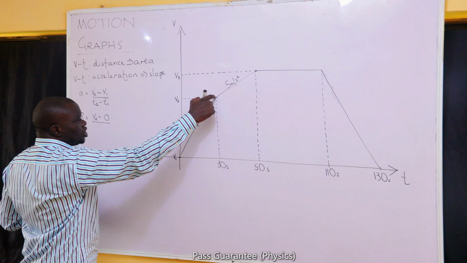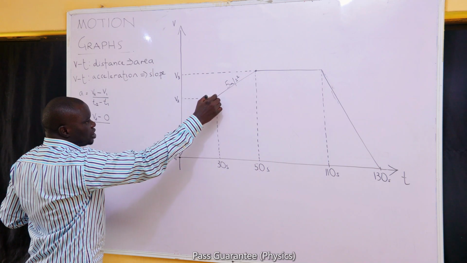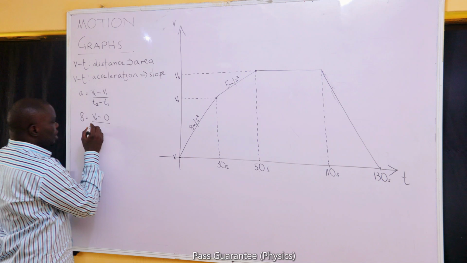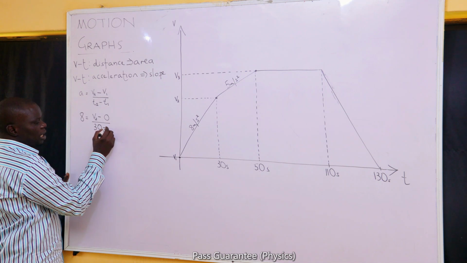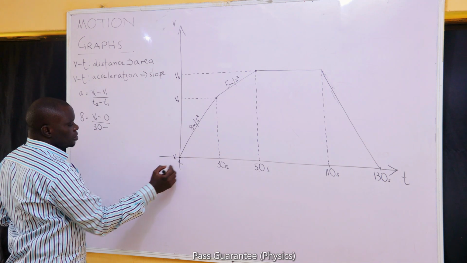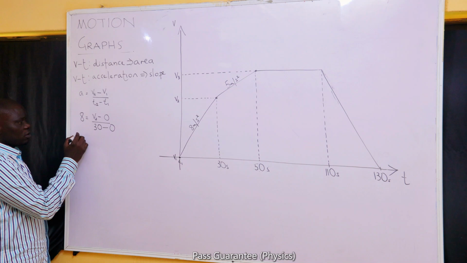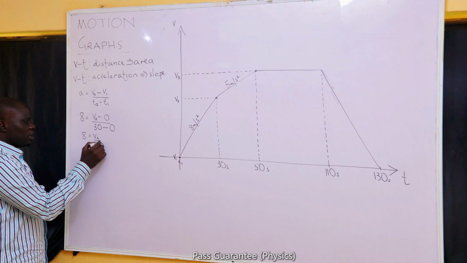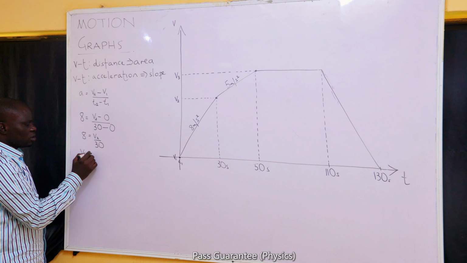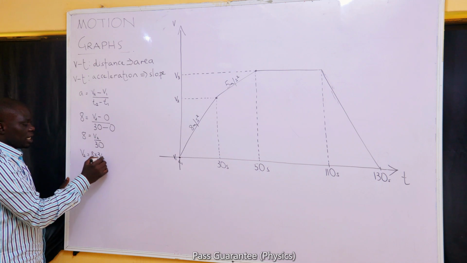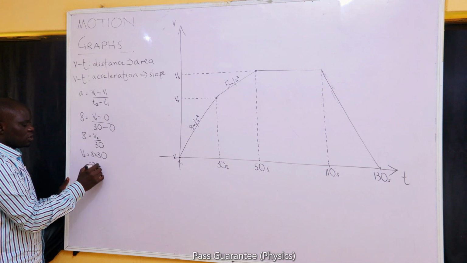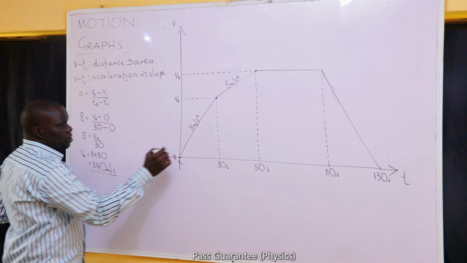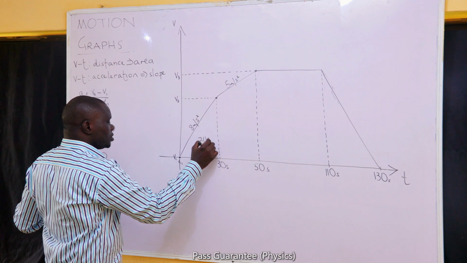This is my point 2, because this is the point that gave me V2, and it will also give me T2. My T2 is 30, minus my T1, which is 0. So 8 is equal to V2 over 30. My V2 clearly becomes 8 times 30, and 8 times 30 is 240 meters per second. So this is 240 meters per second.